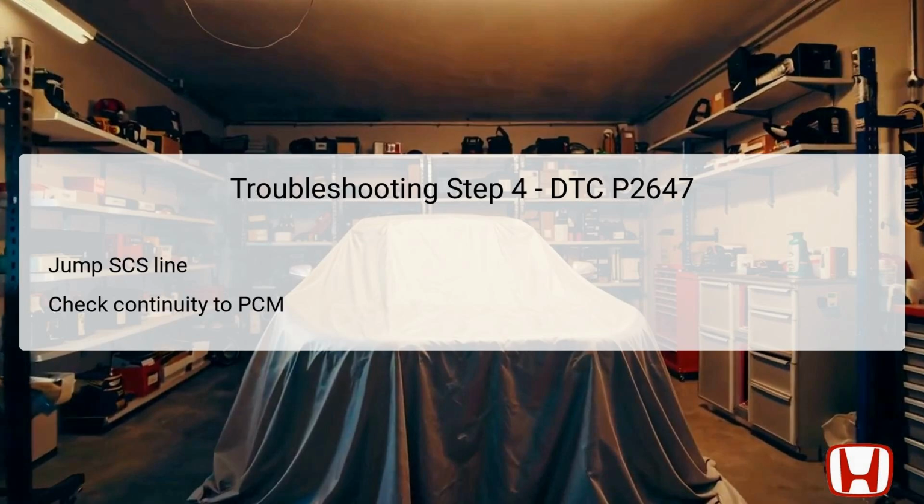In the fourth troubleshooting step for DTC P2647, technicians must address the open wire check on the variable timing module, VTM line. This begins with the use of the HDS to jump the SCS service check connector line, a temporary measure that helps to pinpoint wiring issues more effectively.